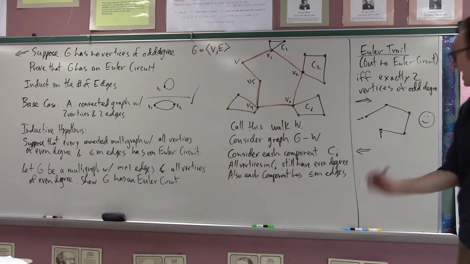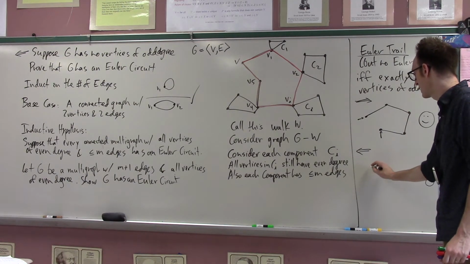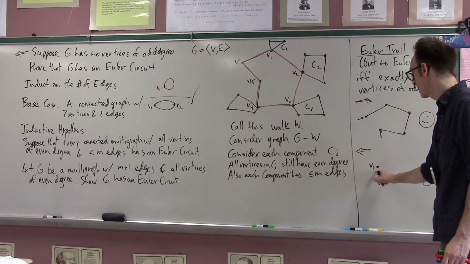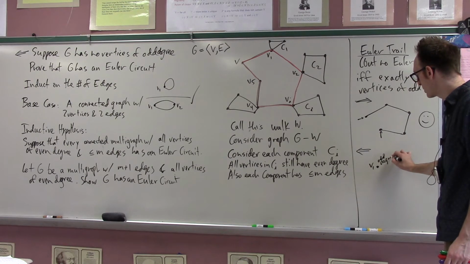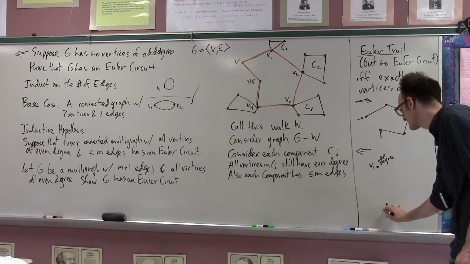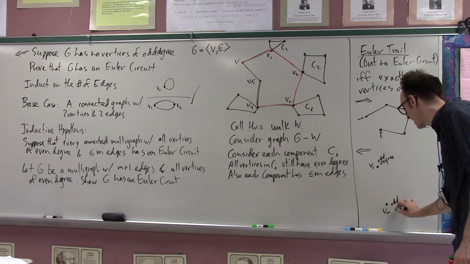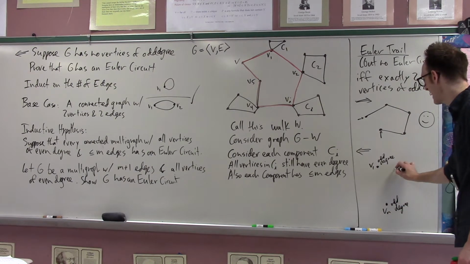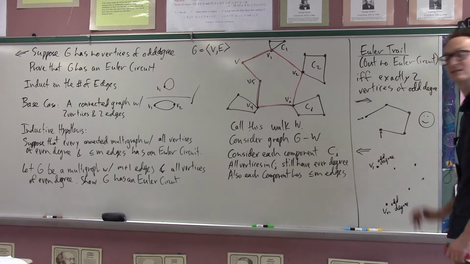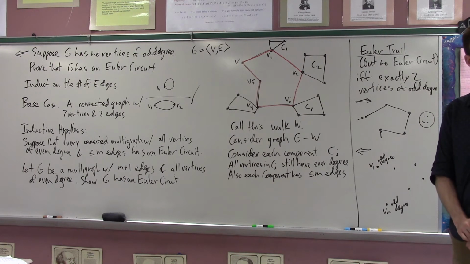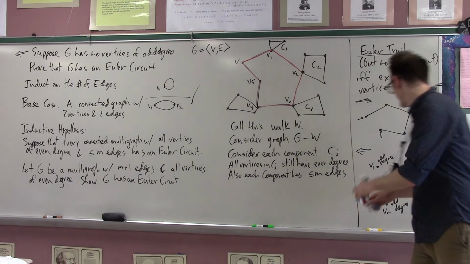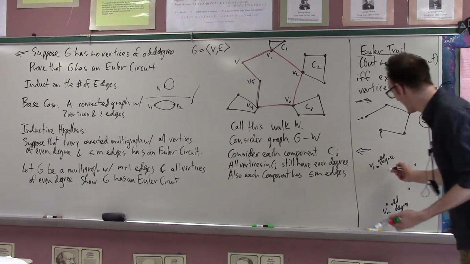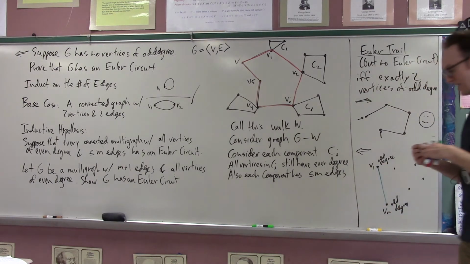Suppose that this is what I have. Suppose I have one vertex, V1 of odd degree, and suppose I have some other vertex, Vn, which is also of odd degree. And now suppose that every other vertex has even degree, okay? What I would like to claim is that there is an Euler trail but no Euler circuit. Well, there just is, because what I'm going to do is temporarily add an edge between V1 and Vn.